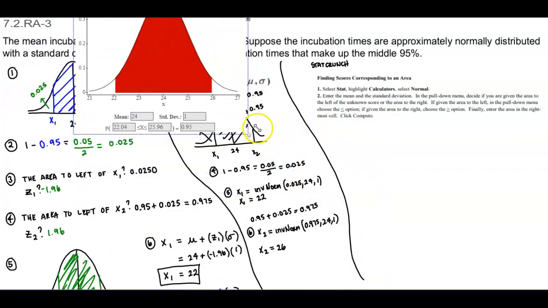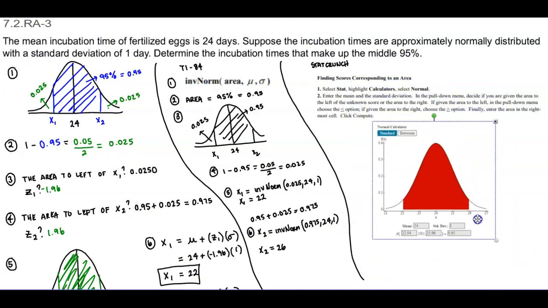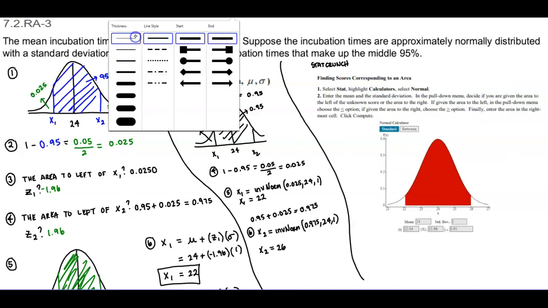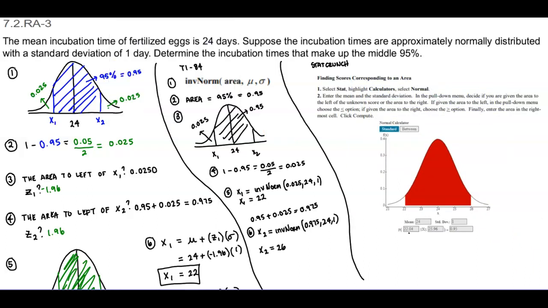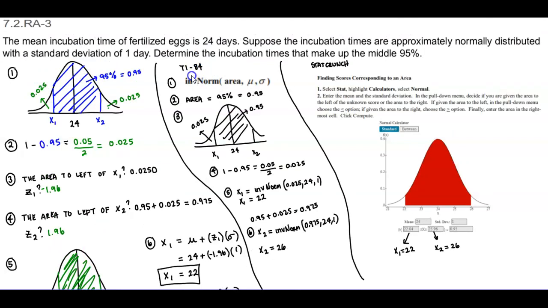So we can see from this graph that x1 is equal to 22 and x2 is equal to 26. But again, like I said, we want to make sure that we know how to solve the first part to understand how to use technology.